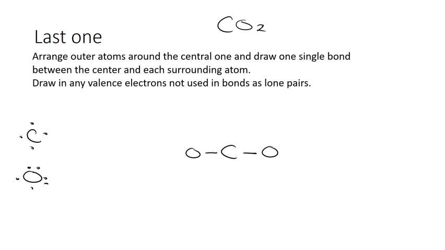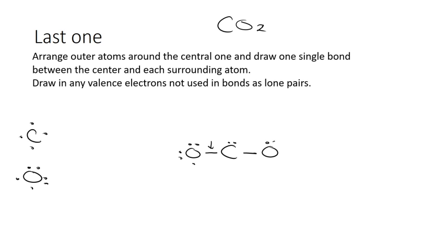Remember that this bond has one electron from carbon and one electron from oxygen. Same with the other one. So that's 2 electrons taken away from carbon. We've got 2 more. It's 1 electron taken away from this oxygen, so we've got 5 more.